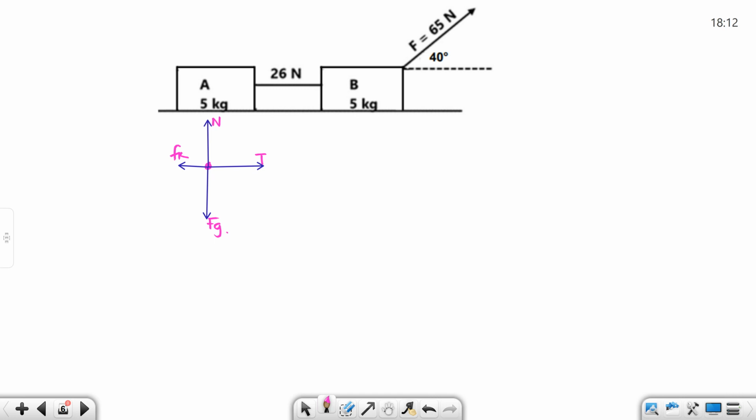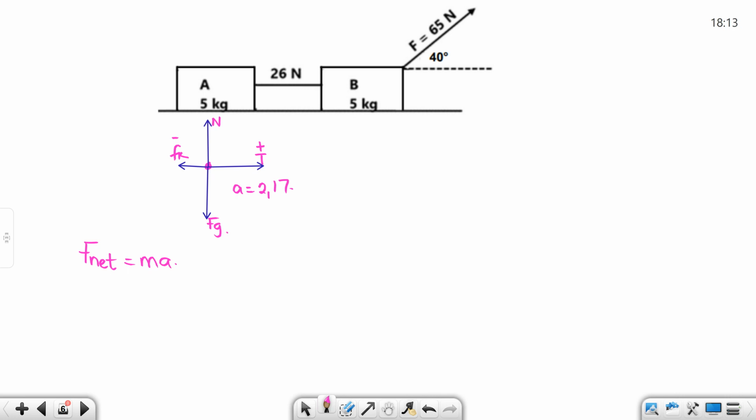Take the direction of motion as positive. So tension becomes positive, friction becomes what? Negative. Object is accelerating at 2,17. So what do we know? F net is equal to ma. I told you earlier on, when the object is moving horizontally, let's focus on the horizontal forces.